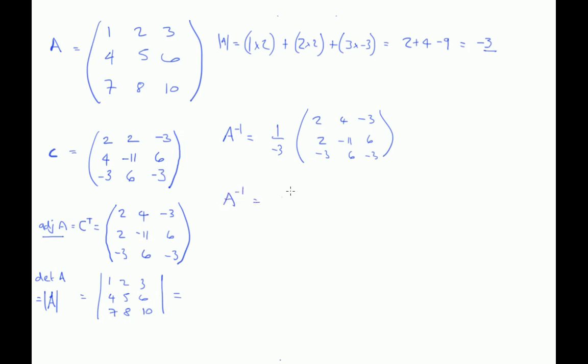So A to the minus 1 is 2 over minus 3, 4 over minus 3, minus 3 over minus 3, 2 over minus 3, minus 11 over minus 3, 6 over minus 3, minus 3 over minus 3, 6 over minus 3, minus 3 over minus 3. That is our inverted matrix.